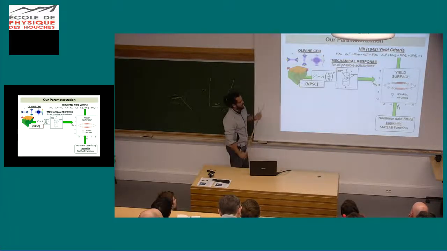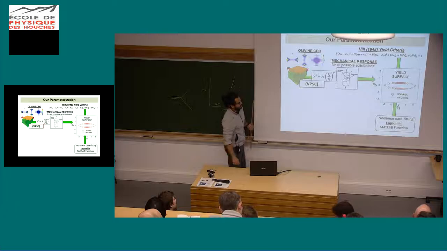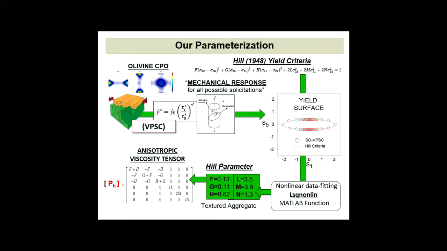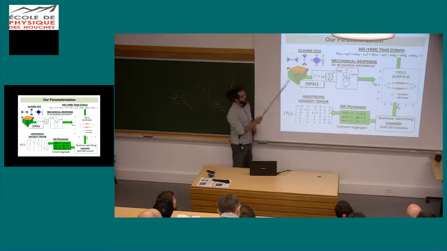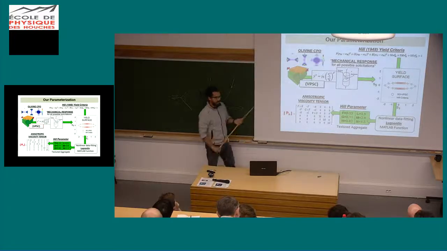There are some works in metals using this already, but for geodynamics it is a novelty of our work. And then after we fit this yield surface, we get these 6 parameters that fit the Hill yield criterion. And then we construct our anisotropic viscosity tensor, here we call P.